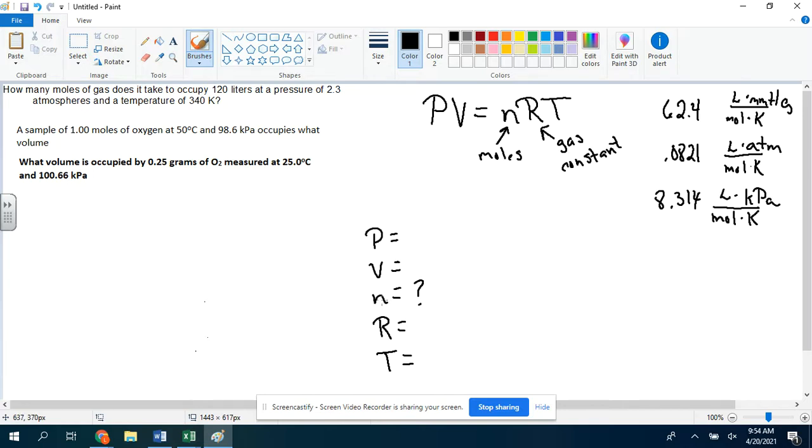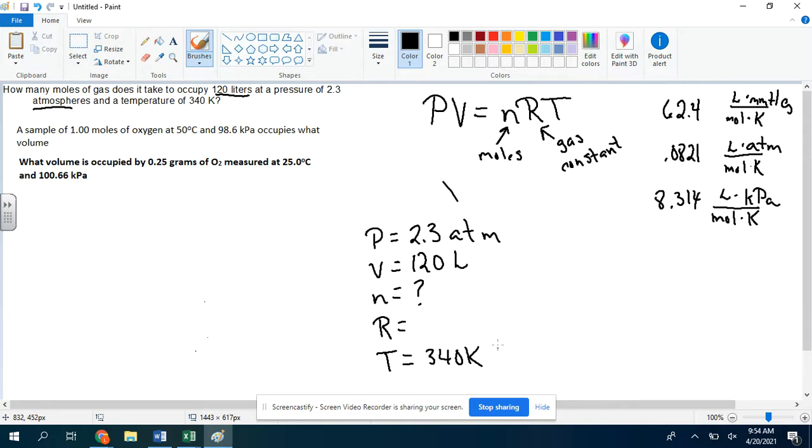That's one of our new variables. Does it take to occupy 120 liters? That's a given, and it's in liters, so I know that's my volume, 120 liters. At a pressure of 2.3 atm, so that's going to be our pressure. And a temperature of 340 K. So that's fortunate. It's already in Kelvin. We don't have to convert it.